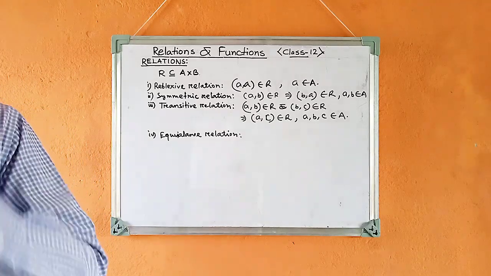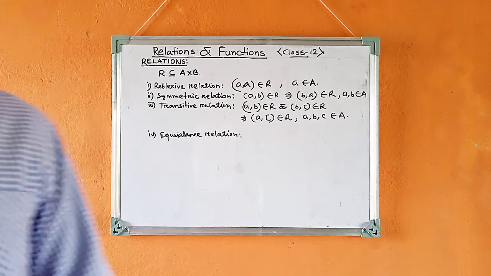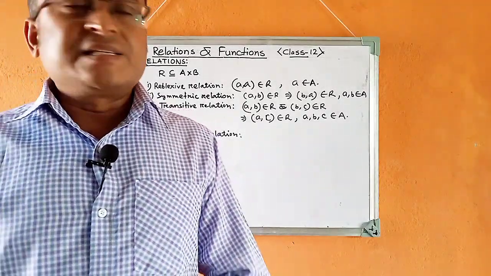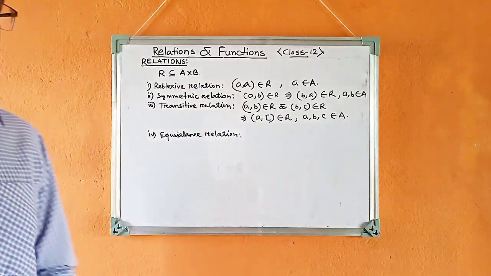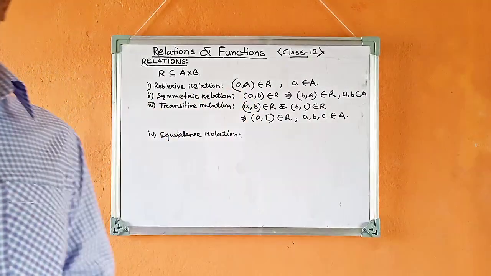I repeat, a relation R on a set A is said to be an equivalence relation if it is reflexive, symmetric and transitive. That means it satisfies all three conditions. That relation is called an equivalence relation.